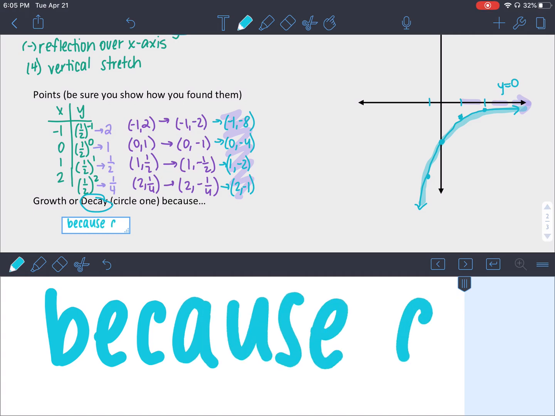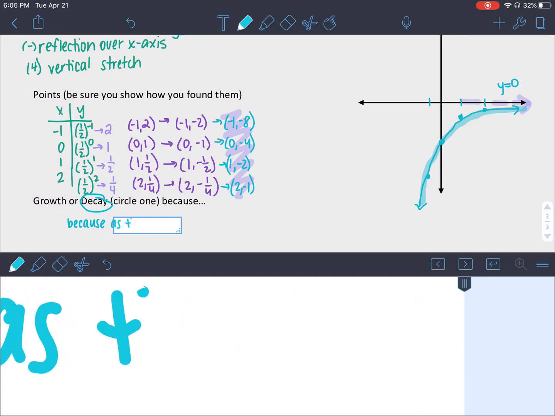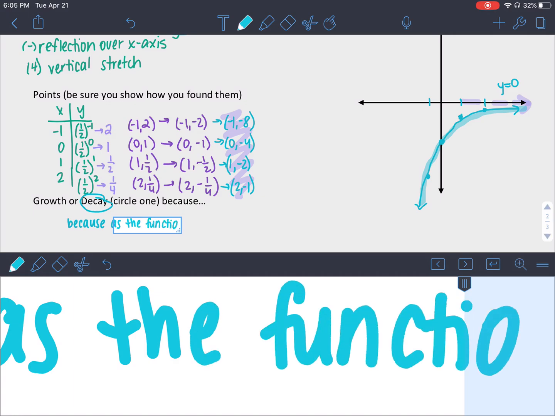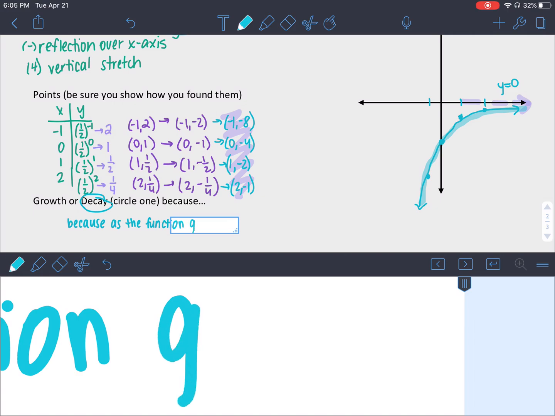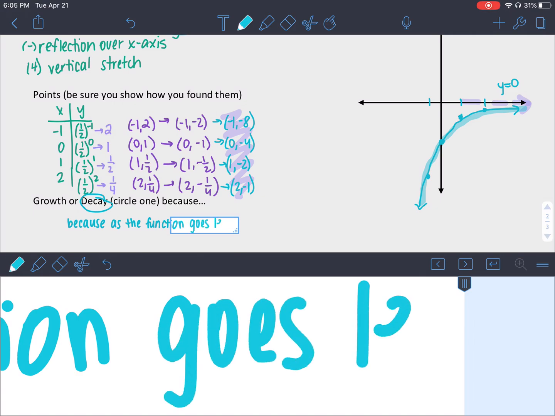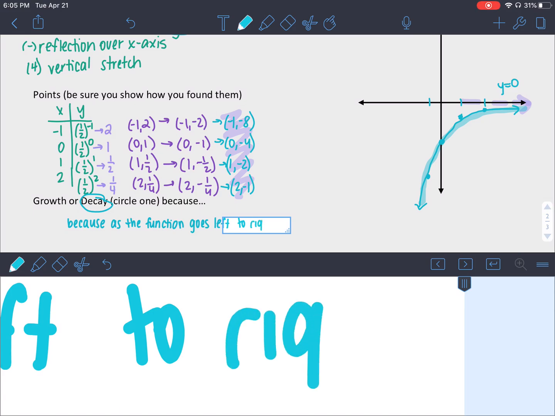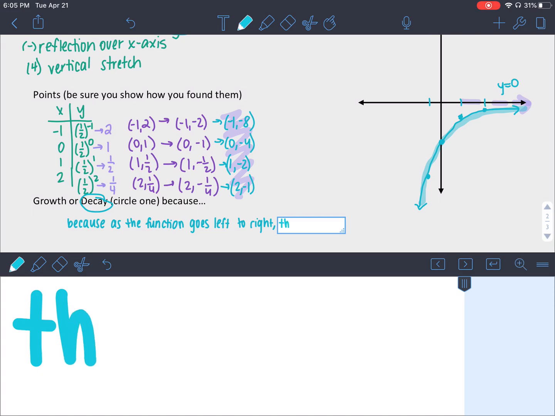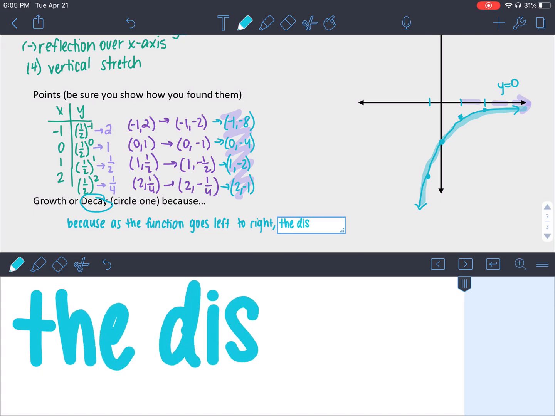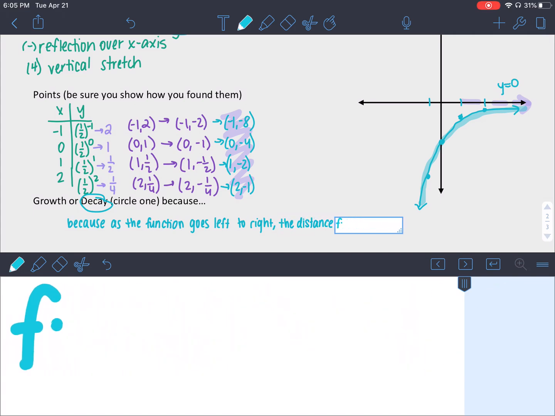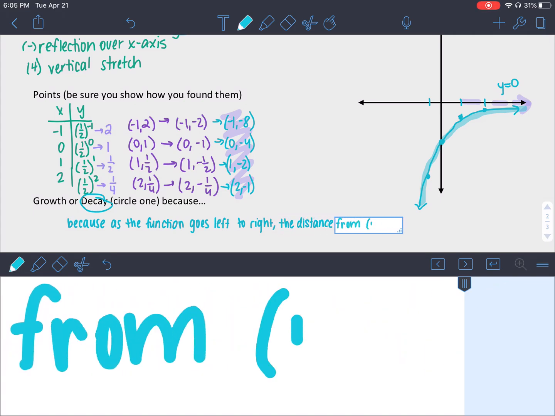because as the function, the graph, whatever you'd like to say, goes left to right, the distance. And some of you guys used this and said from y equals 0.